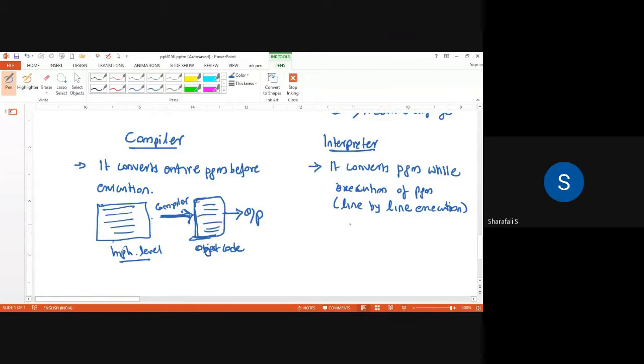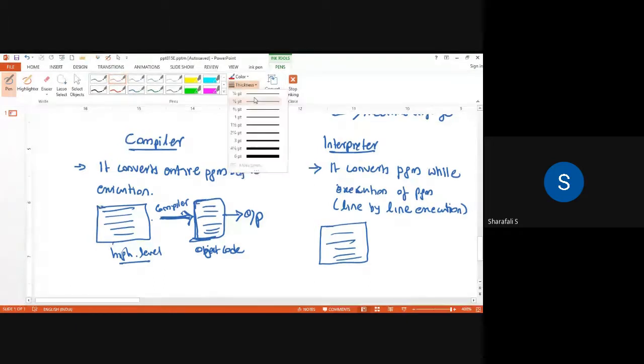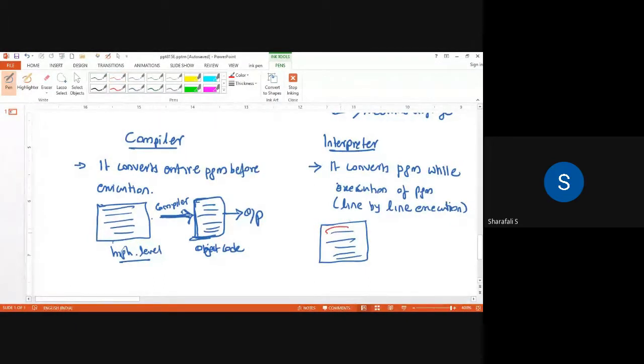If you are having a program in the high level language, first it will take the first line and convert it into the object code that the system can understand, and also execute that particular line, and then that will give you the output.